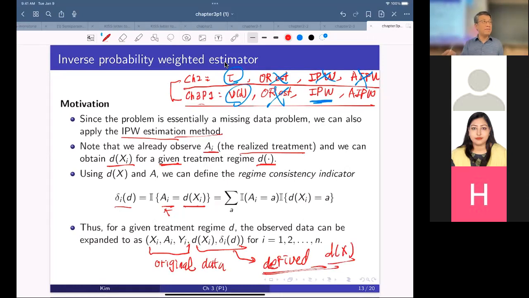Given the mapping, you can compute it. If A is 0 or 1, this d(X) is also 0 or 1. So I can see how many of them are consistent with each other, and we can treat this event as an indicator function.